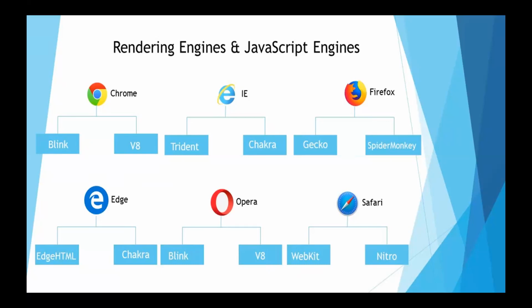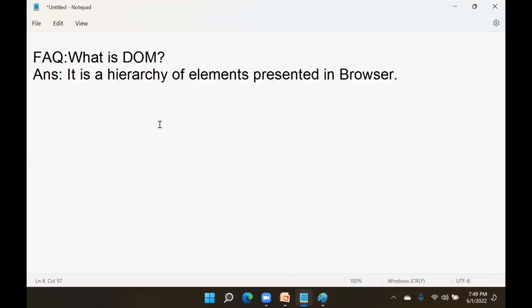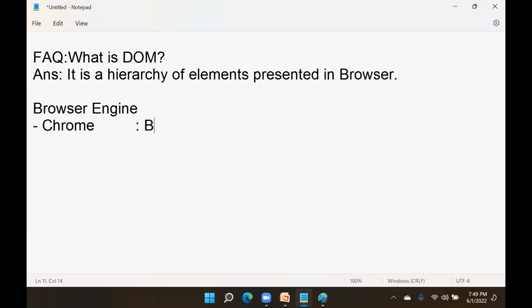So these are various browser engines. I will share this diagram in the classroom. To understand DOM, first you need to understand browser engines. Every browser has a different engine. Chrome has an engine called Blink and V8.